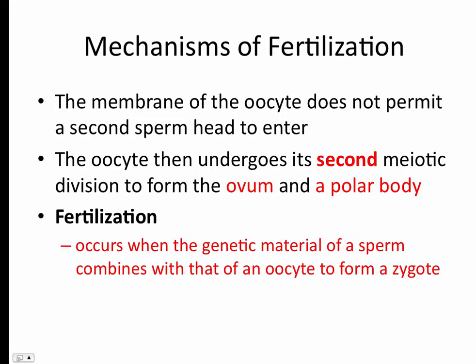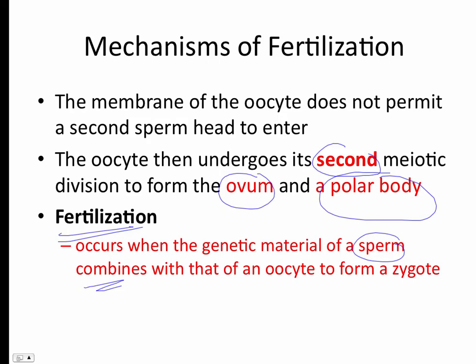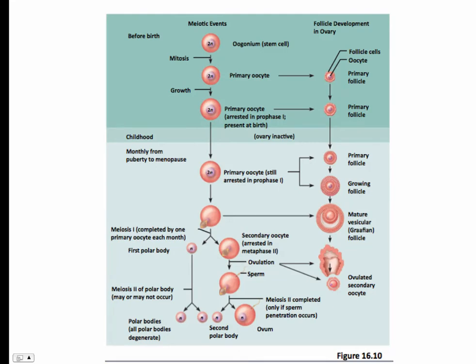The moment that secondary oocyte comes into contact with the genetic material of that sperm, it's going to undergo the second meiotic division to form that ovum and a polar body. Fertilization will then be completed once the genetic material of that sperm combines with that of an oocyte. And what do we result with? We result with a zygote. So let's see what that looks like.